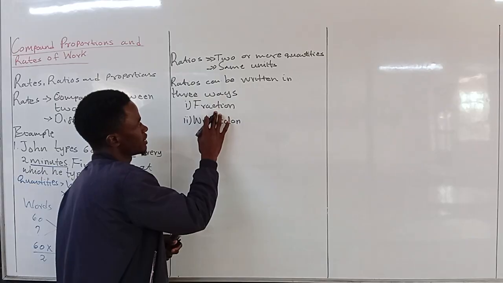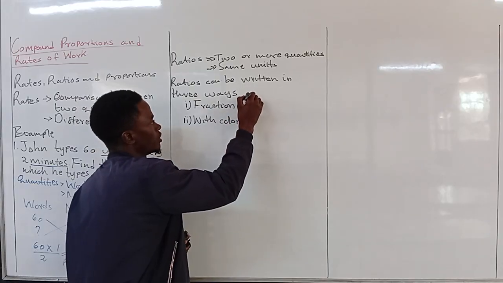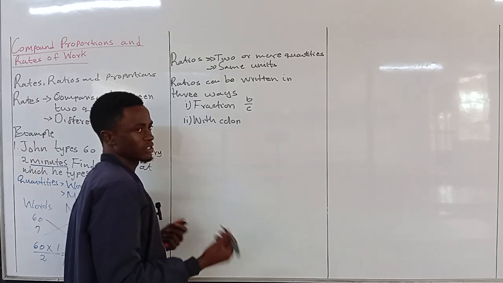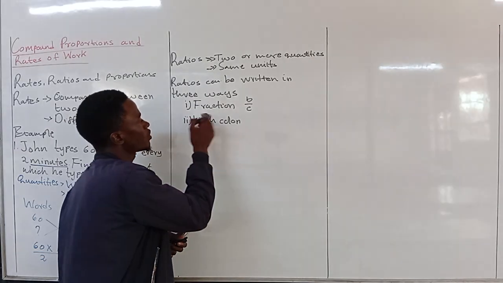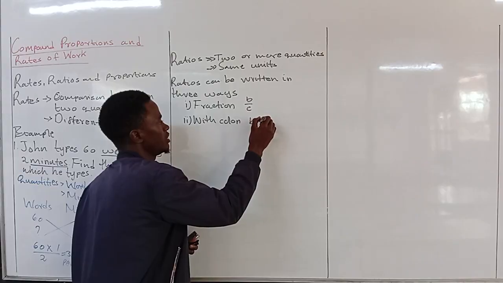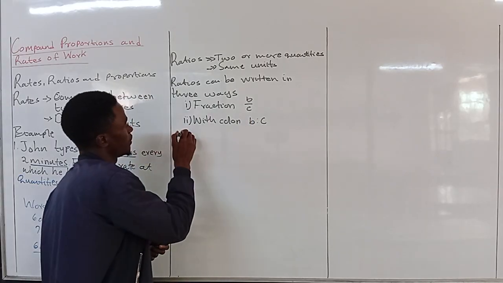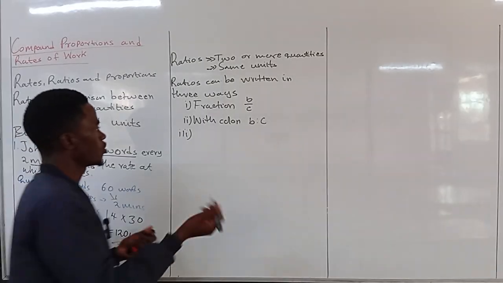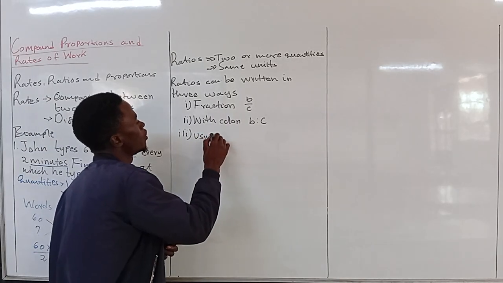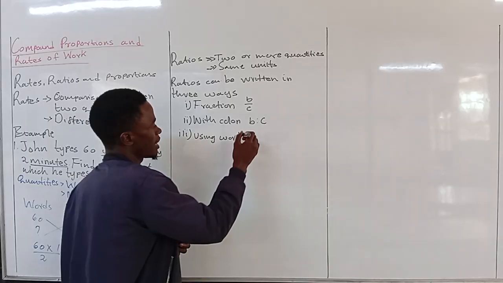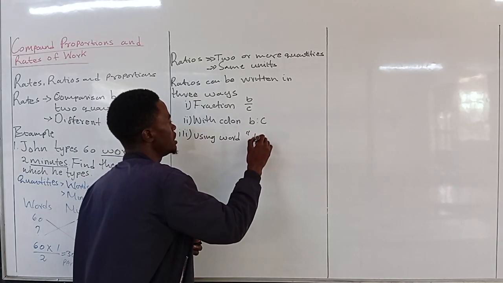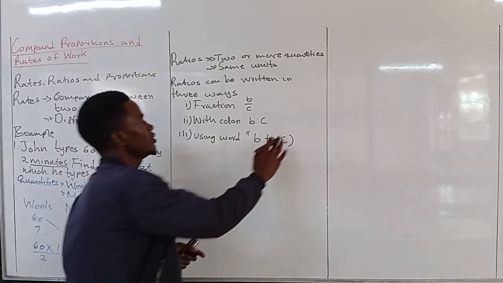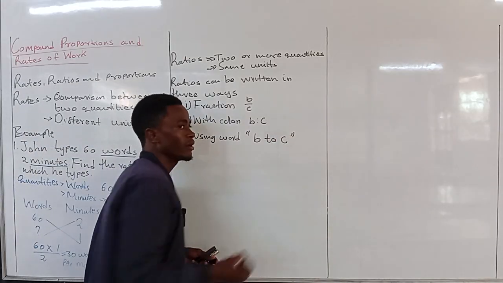So, for example, it can be written as a fraction, that is b out of c. And then with a colon, it is the same as b is to c. And then you can also write it in statement form, using words: B to C. So we have three ways you can write our ratios.